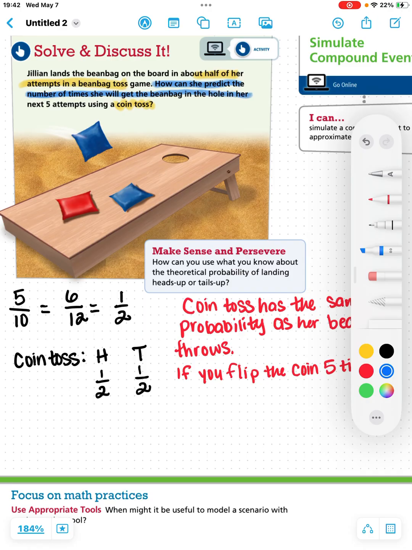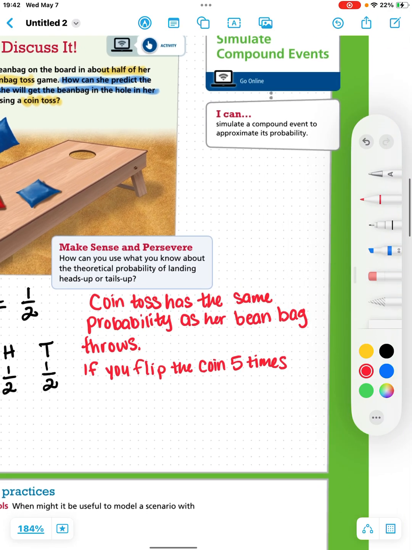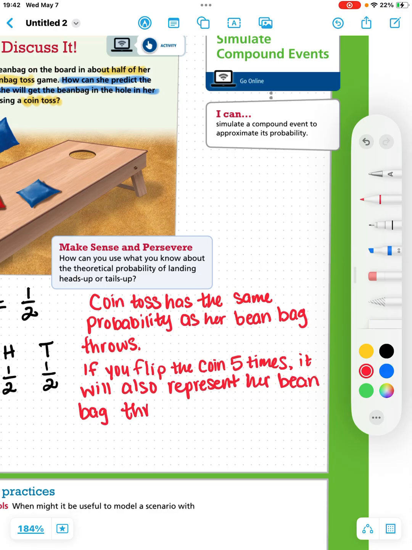The number of times she will get the beanbag, attempting 5 times using a coin. So if you flip this coin 5 times, it will represent her beanbag throws. So that's what we're doing.